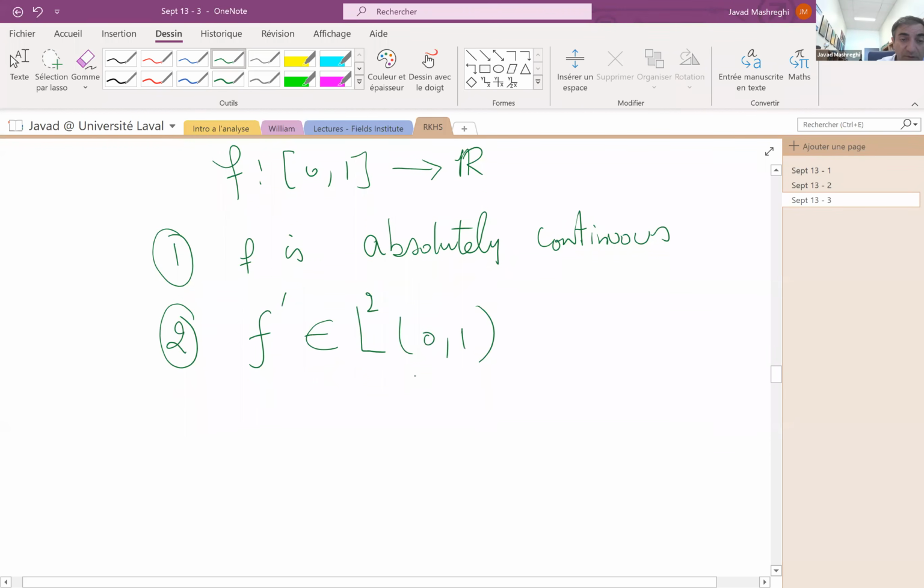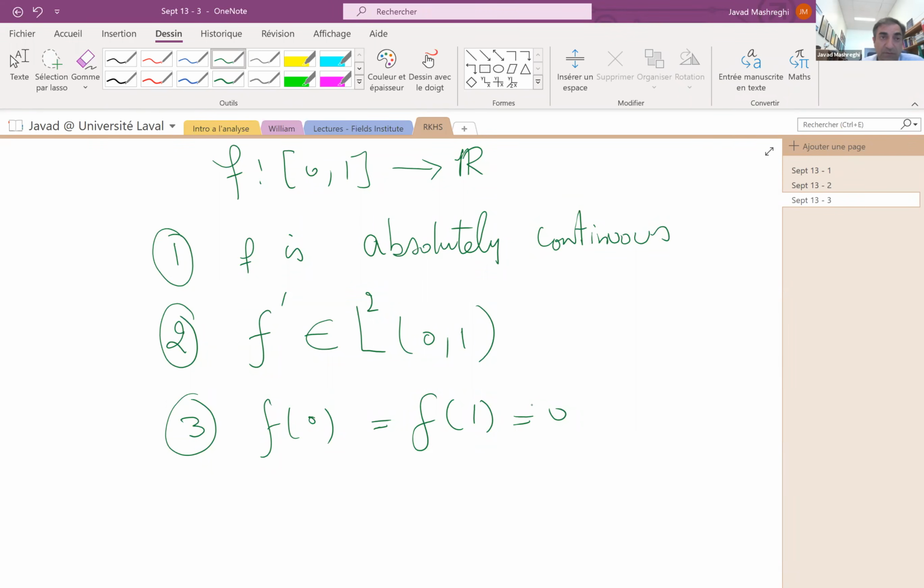And I add some boundary condition. I fix f of 0 and f of 1. So at both extremities, f of 0 is equal to 0, f of 1 is equal to 1.